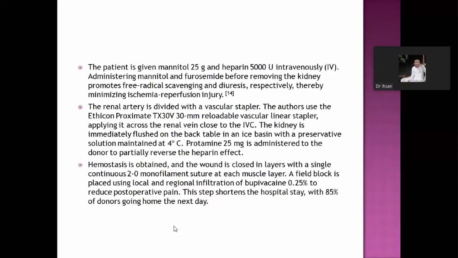Hemostasis is obtained and the wound is closed in layers with a single continuous 2-0 monofilament suture at each muscle layer. A field block is placed using local and regional infiltration of chloroprocaine 0.25% to reduce post-operative pain. This step shortens the hospital stay, with 85% of donors going home by the next day.